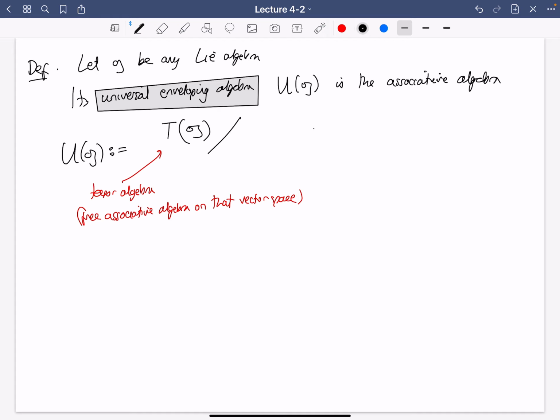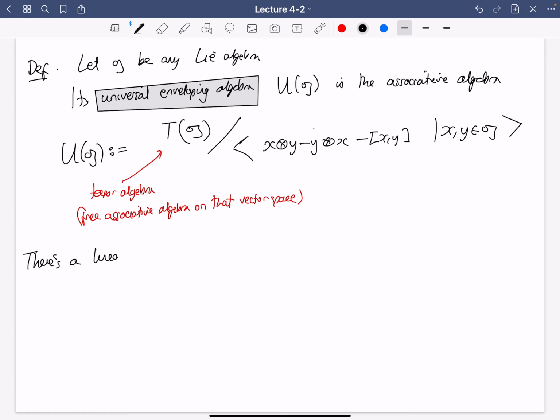And then you quotient out by the two-sided ideal generated by all x tensor y minus y tensor x minus xy, for all x and y in the vector space G that generates the tensor algebra, the degree 1 part of that graded algebra. Okay, so that's the universal enveloping algebra.